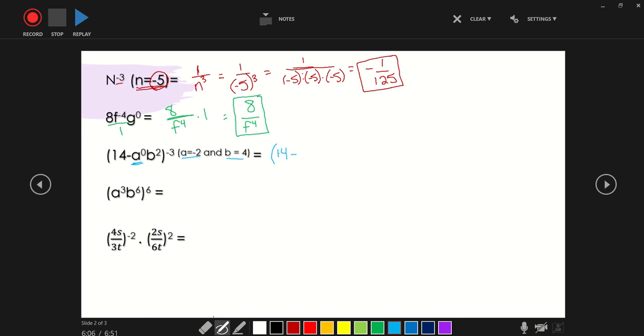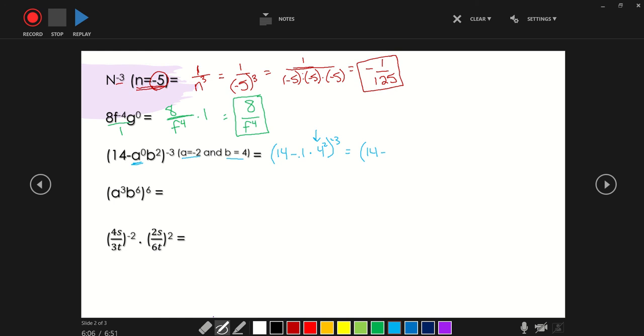So I'm just going to say it's 14 minus 1, and then we're going to plug in 4 for b, which then becomes 4 squared. All of that to the negative third power. So again, I'm going to solve what's in parentheses first, and remember that there's an exponent within the parentheses. So I'm going to do 14 minus a negative.